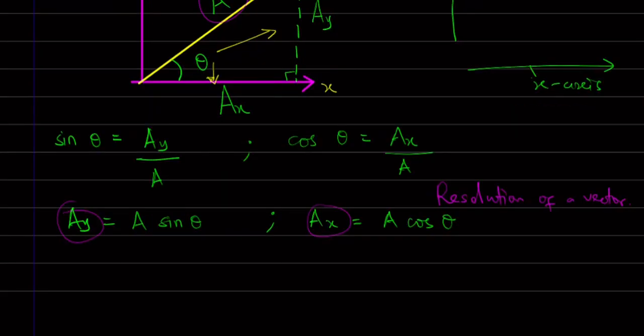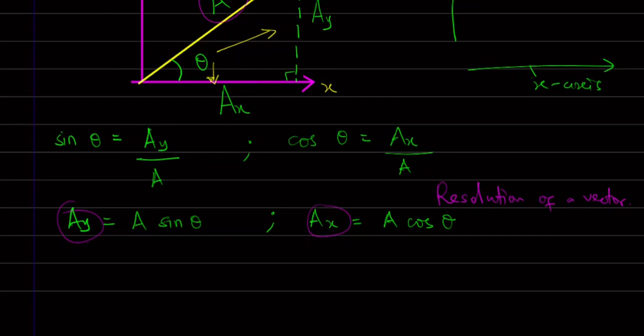AY represents the vertical component of vector A, while AX represents the horizontal component of vector A. Like I've said, the process of splitting vector A into its components is known as resolution of vectors.